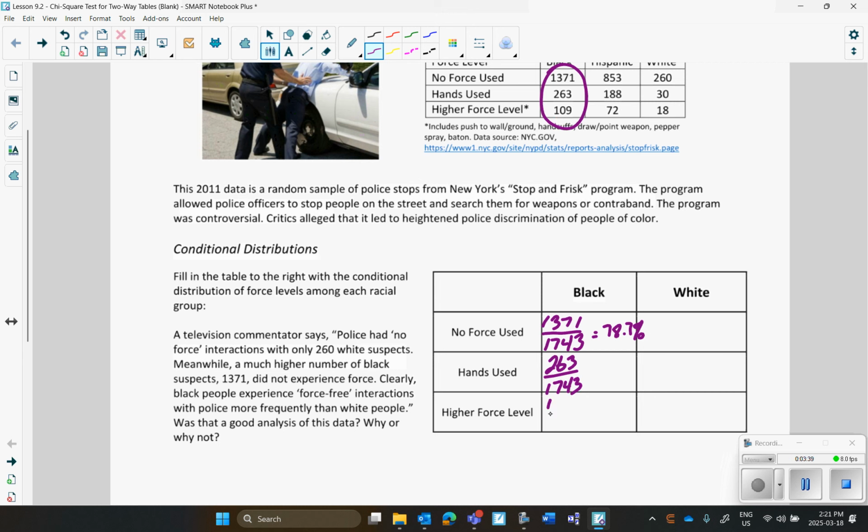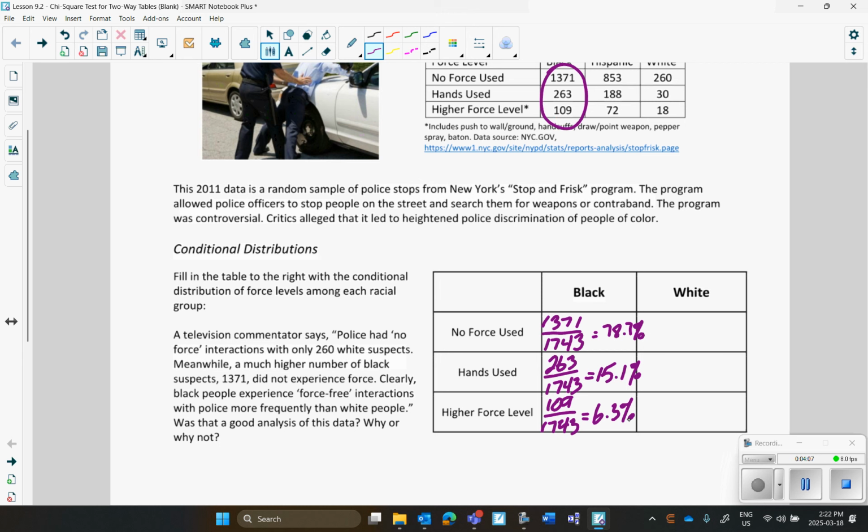And then 109 over 1,743, and get those percentages, which would be 15.1%. Because it's always better to deal with percents or proportions than it is to deal with just raw numbers. Okay.